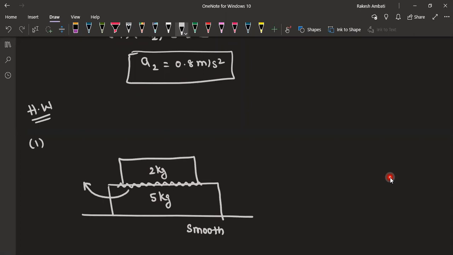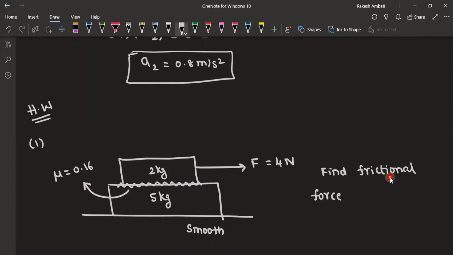For this rough surface, mu is given as 0.16, and the applied force is 4 newtons. We have to find the frictional force. I don't say whether it is static or kinetic; that you also have to find out.